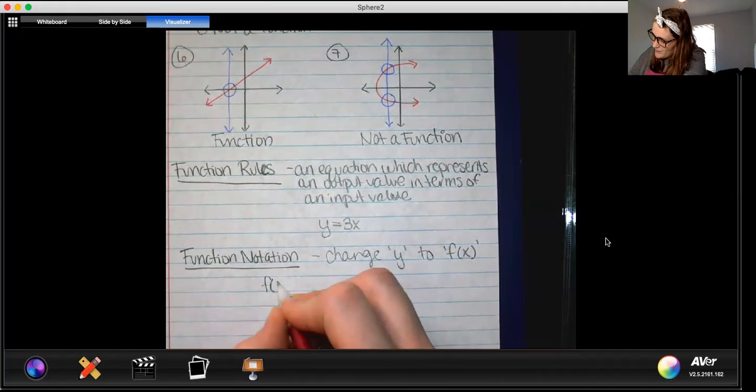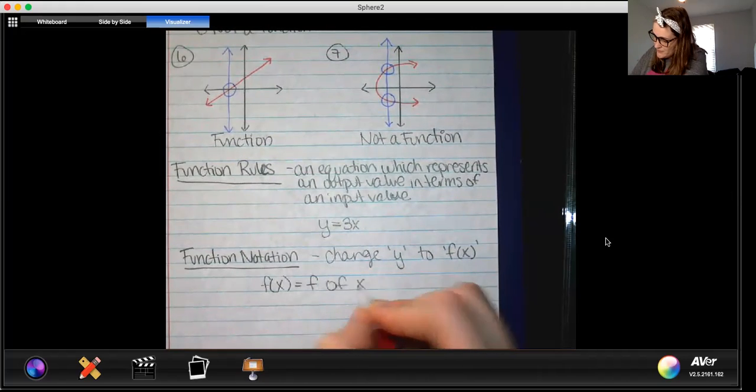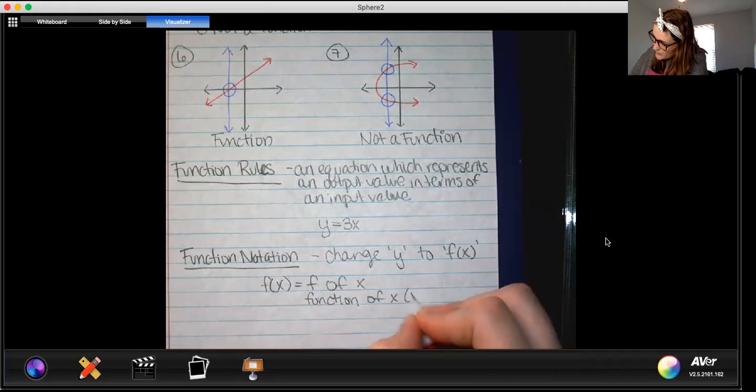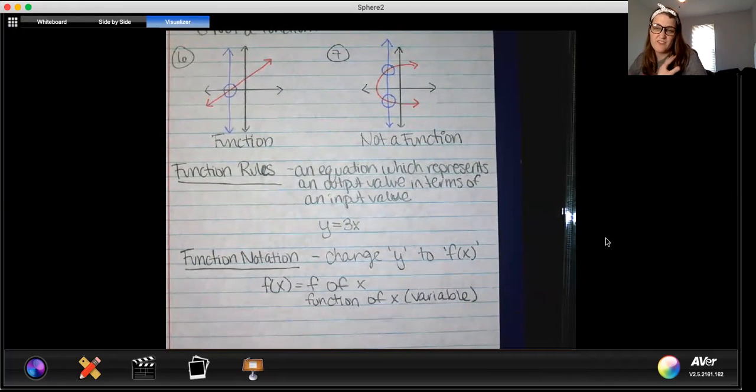This is called f of x, which is shorthand for a function of x. But really it could be any variable. So you could have a function of y, a function of k, a function of a, okay? It's whatever variable is being used in the function rule.